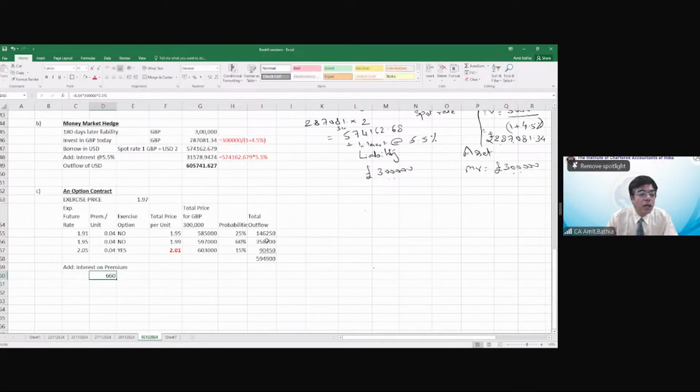That comes to 660. So my total outflow is 594,900 plus 660.